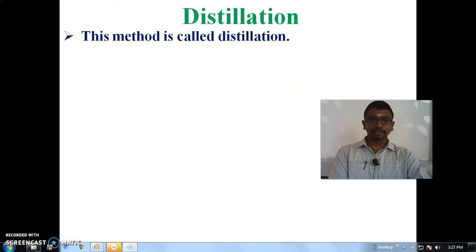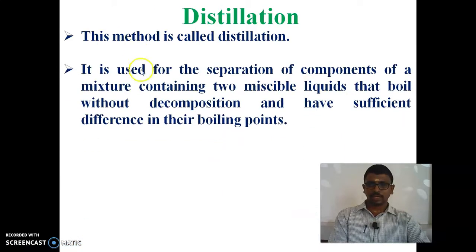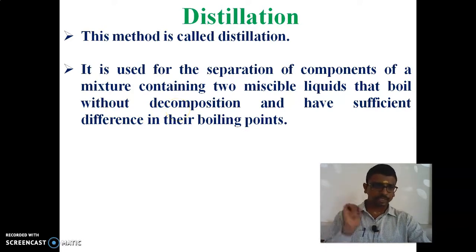What is this method called? Distillation. It is used for the separation of components of a mixture containing two miscible liquids. The liquids should boil without decomposition, and to avoid decomposition we fit the condenser.